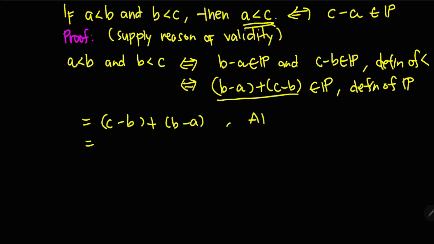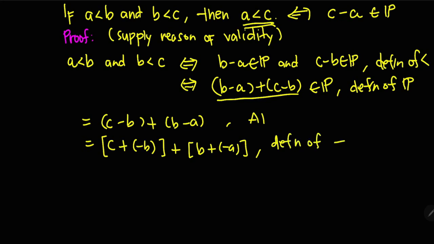Given the definition of subtraction, that's C plus negative B and B plus negative A. Definition of subtraction. Now, regrouping, I can have in the group negative B and B, and then let me rewrite negative A again. So that's the associative property of addition, or A2.